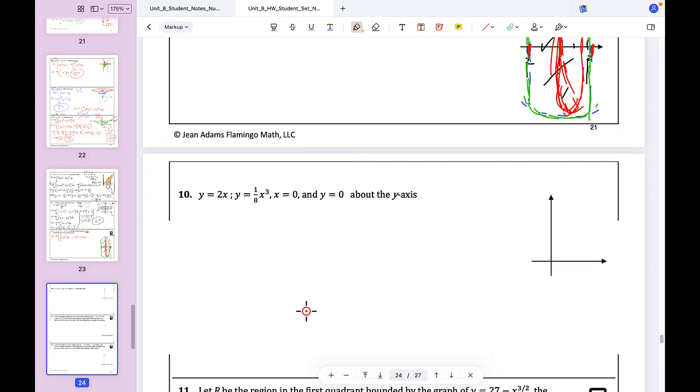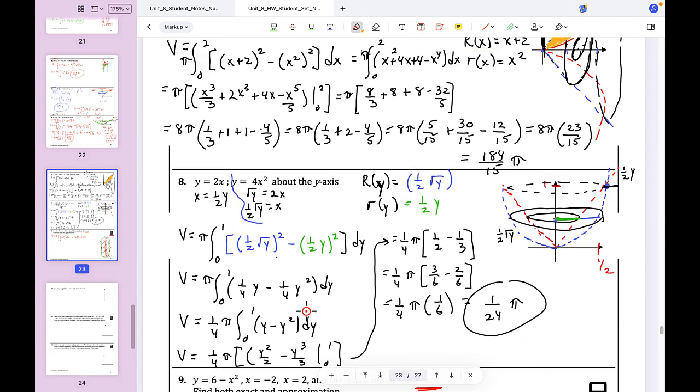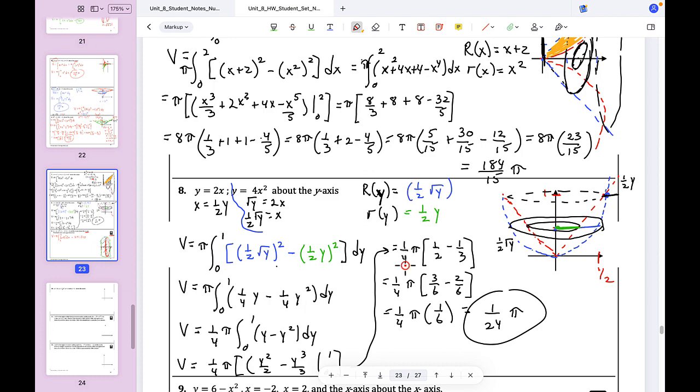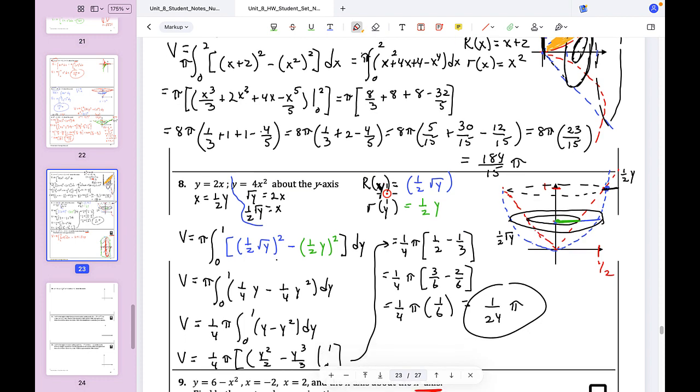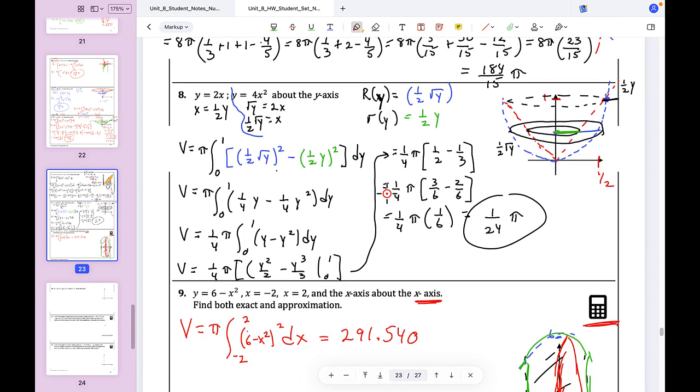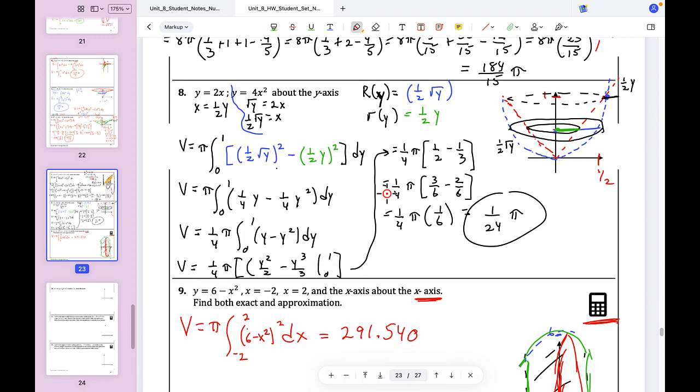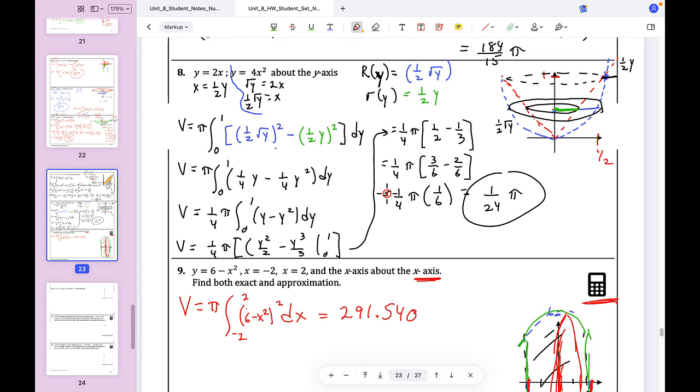The next one is very similar to number 8, actually. When we graph it, we'll see that we have a linear and then a parabolic function. It's revolving around the y-axis, so it's very, very similar.